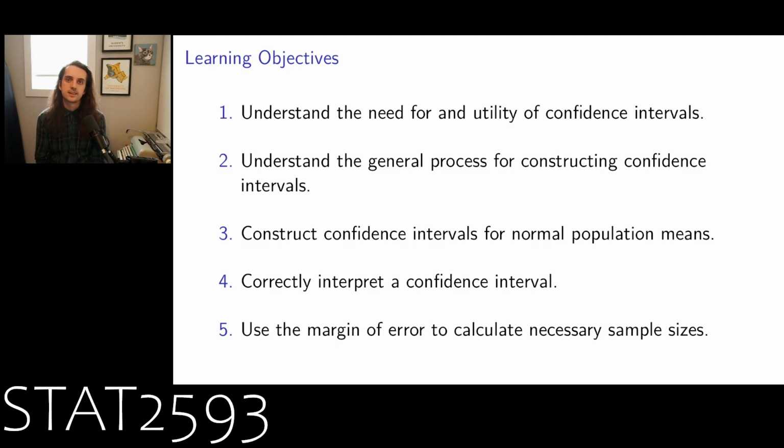That's one of the most important things to do with confidence intervals. And then finally, we want to use what's known as the margin of error to calculate necessary sample sizes based on this idea of confidence intervals. There's quite a lot that we'll try to cover today. Hopefully we can get through it all and everything here is very clear.